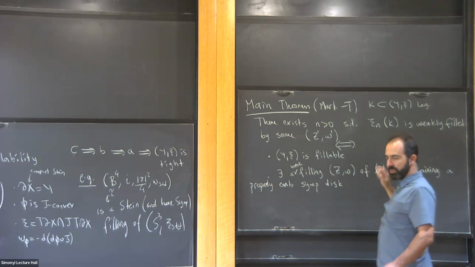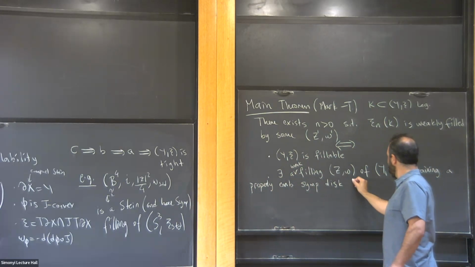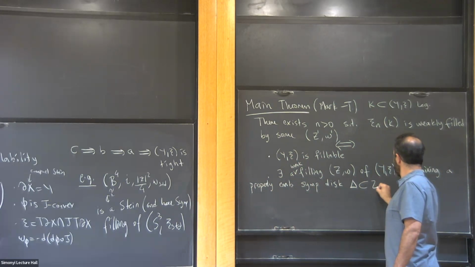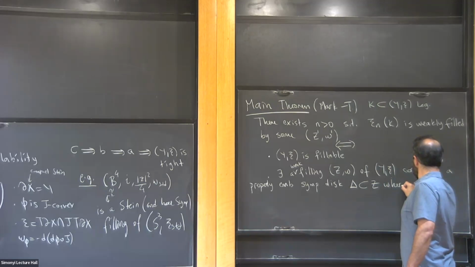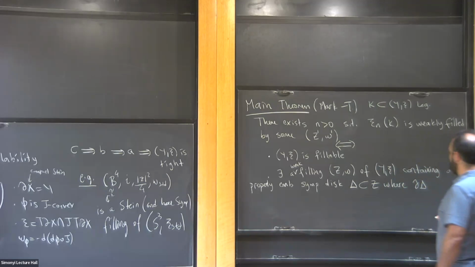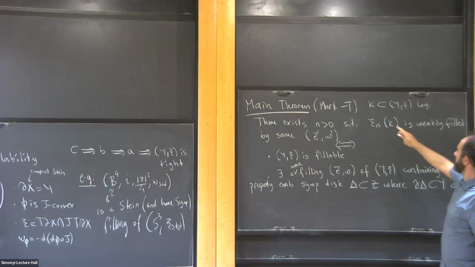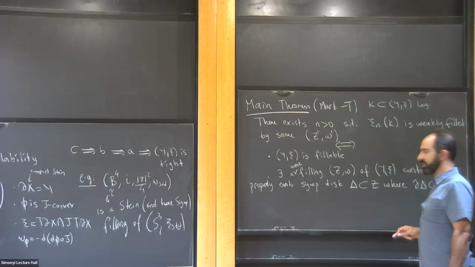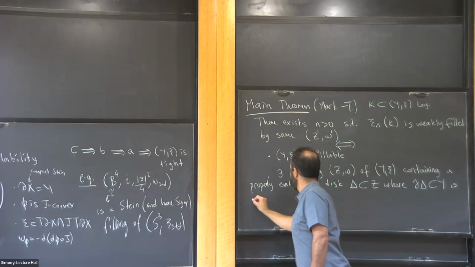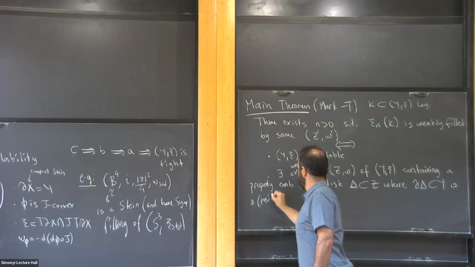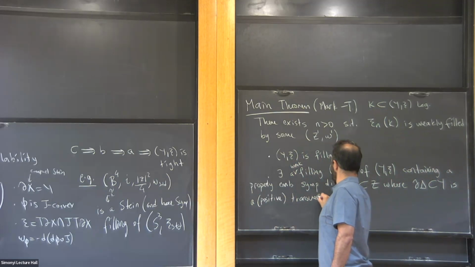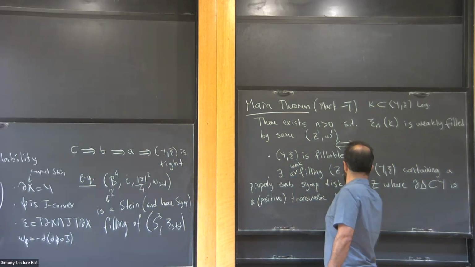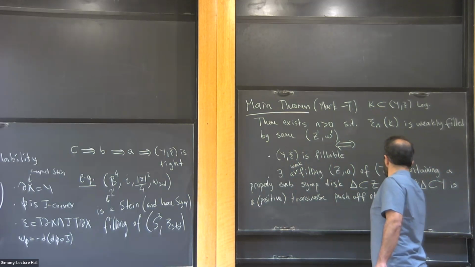It has something to do with this K. I will call this disk Δ, inside Z, where its boundary is a transverse knot inside the contact three-manifold, which is nothing but what's called the positive transverse push-off of the Legendrian knot K.